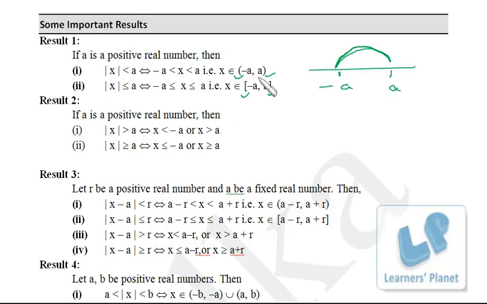In this case, you are making the circular bracket. If it is greater than a, then that's minus a, that's a. You will take the values more than a and values less than minus a. Quite similar. If instead of x you are having x minus a or x plus a, everything will be the same. So no need to mug up all these relations. You should just be conceptually clear.